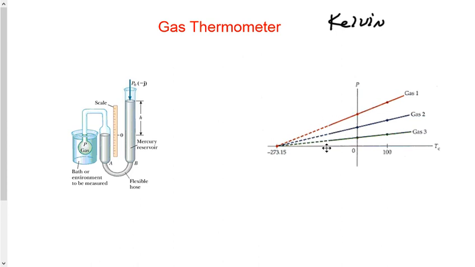At some point, you can simply stop taking data with a straight line, and then you can extrapolate all the way to the x-axis. For each of the gases, no matter what you do, you get an extrapolation to minus 273.15 degrees Celsius, and we're going to call that absolute zero.